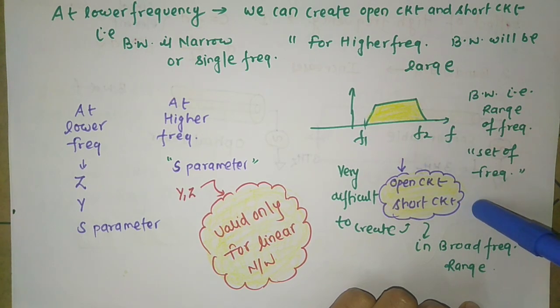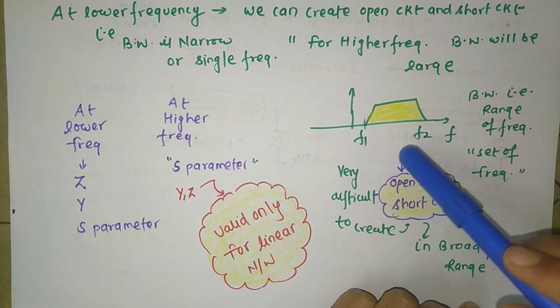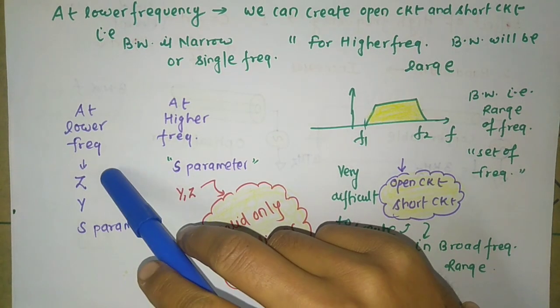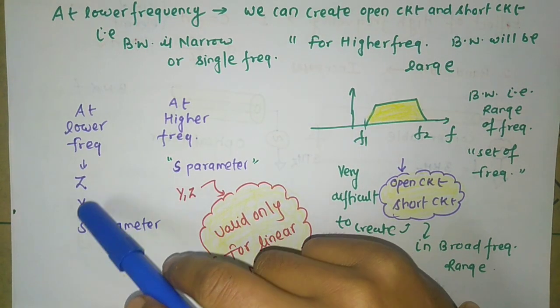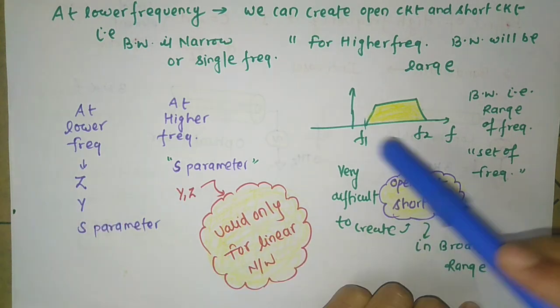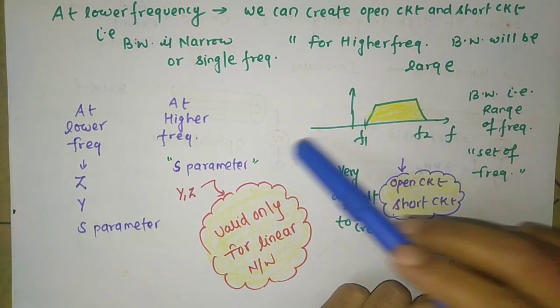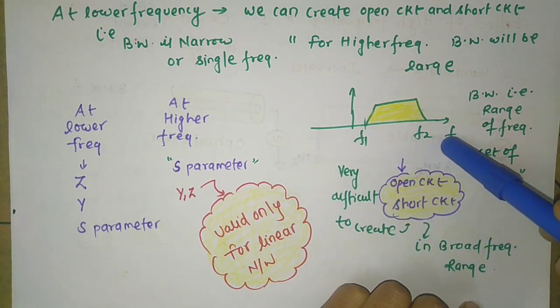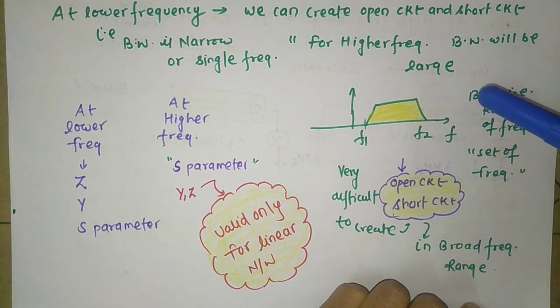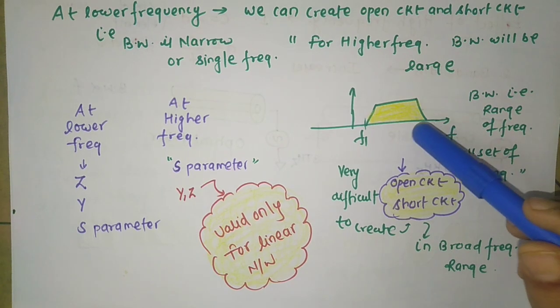Please remember. So that's why we do not use Z parameter and Y parameter at high frequency, and generally we use S parameter in the case of high frequency. So what are the points that you have to remember?